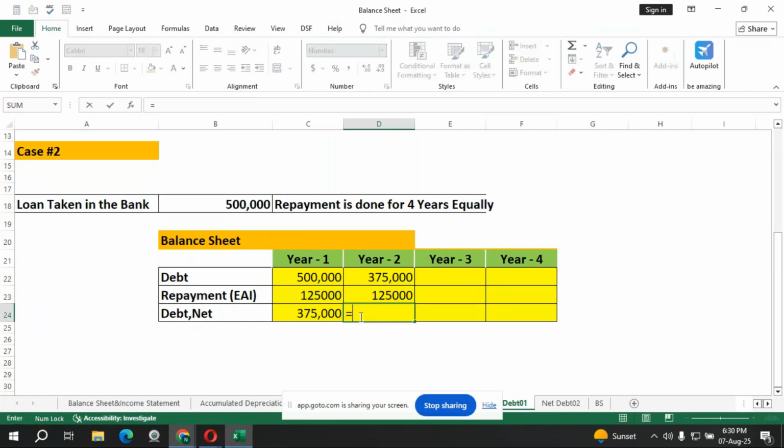equals 3,75,000 minus 1,25,000 equals 2,50,000.